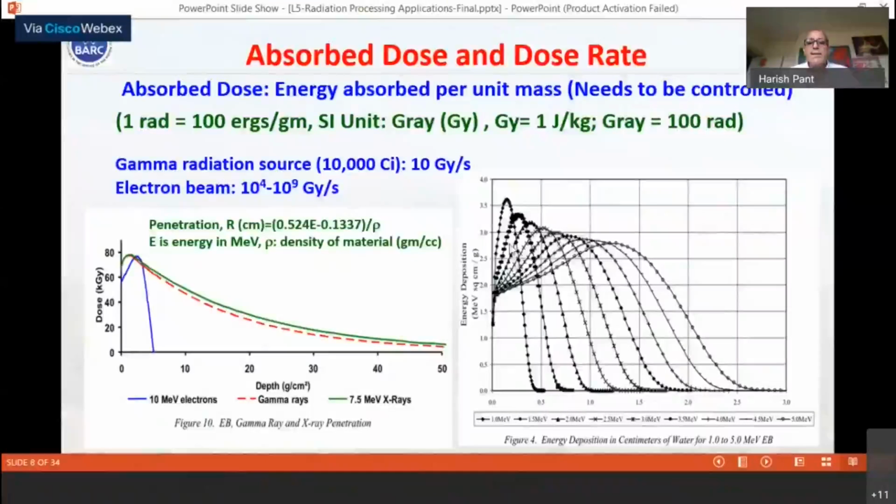And if you see these are the different dose profiles, if you have a 1 MeV electron, you will have the dose profile like this. If you have the 2 MeV, it will be like this. So as the energy of the electron beam increases, the penetration depth also increases, and the dose profile becomes like this.